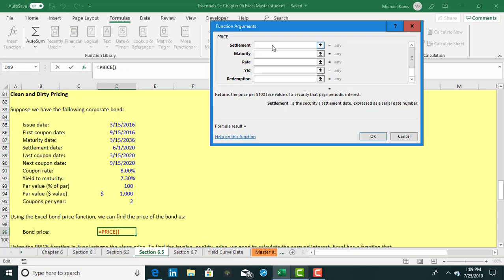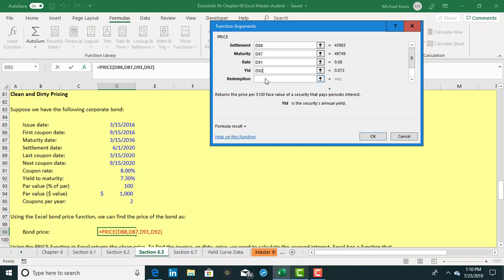Our frequency per year. And then this will plug in 0. I'm going to click OK. Price quoted on the services. If I multiply by 10, that's the actual price we're going to pay.